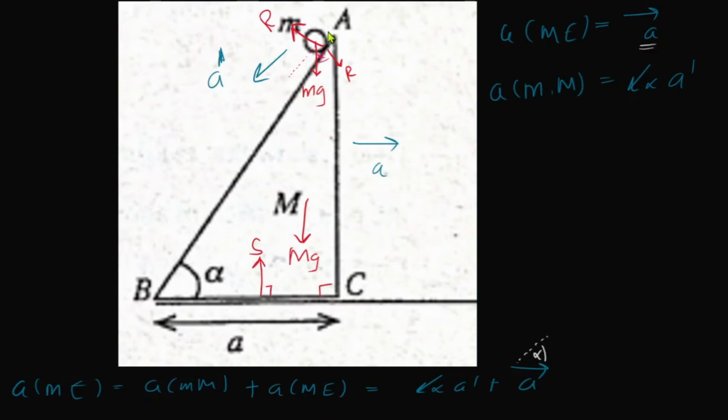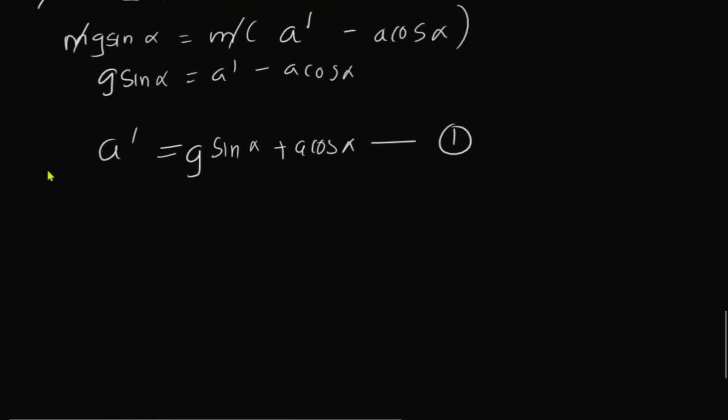So therefore for the complete system, I'm going to apply F equals ma in the horizontal direction for the complete system, right? Okay, so let us apply F equals ma in the horizontal direction.